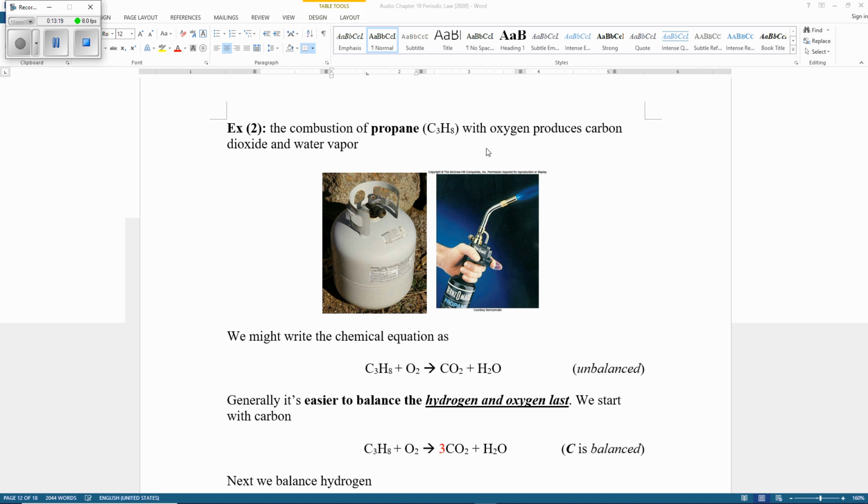It's going to produce carbon dioxide and water vapor. But you have to add some oxygen, right? Propane always burns in air because of oxygen. So the propane molecules plus oxygen give you carbon dioxide and water vapor.